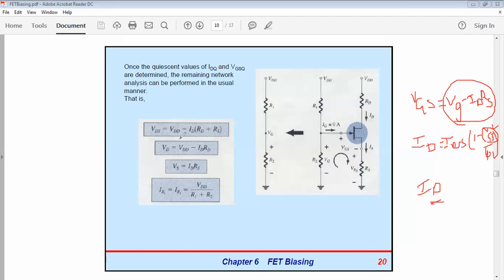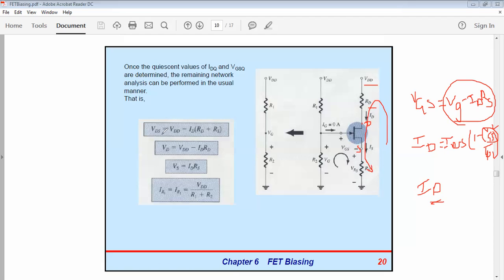Once you know the ID value, again come to the output network. This is the output network. Output consists of VDD, RD, then VDS. This is the drain terminal, this is the source terminal. Drain to source VDS. Then RS. Then apply KVL to this output loop.